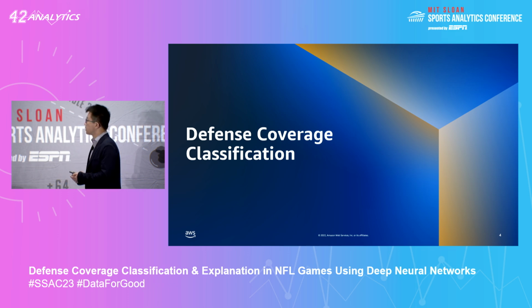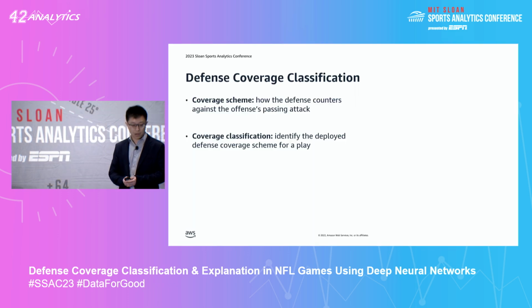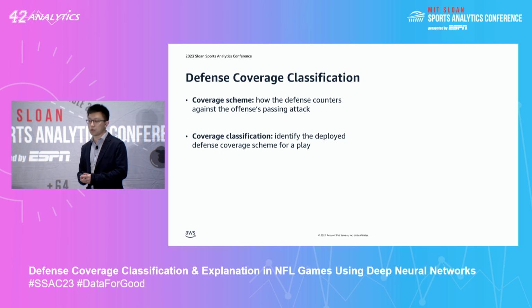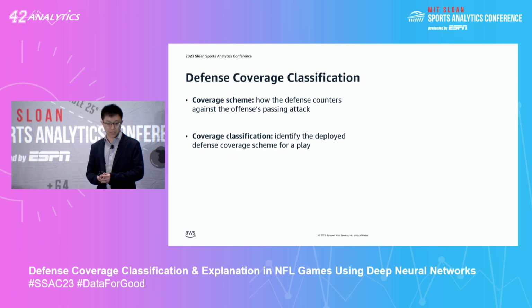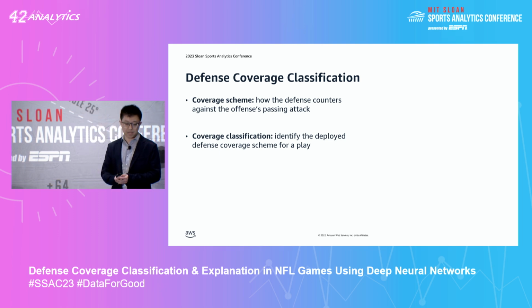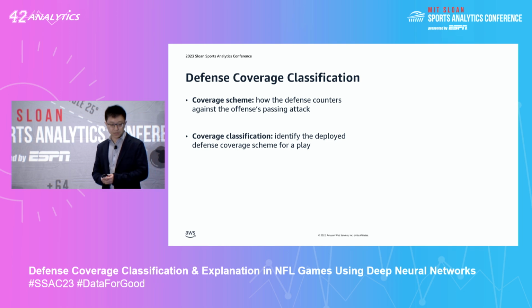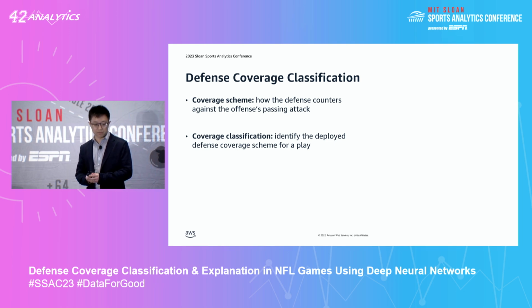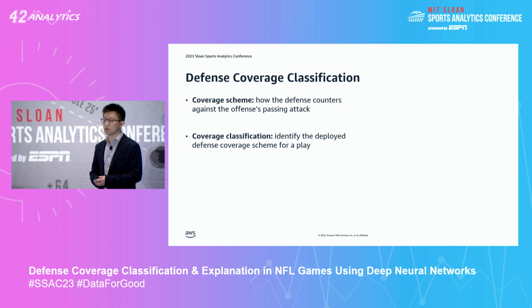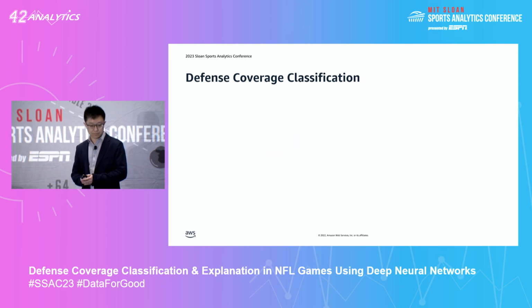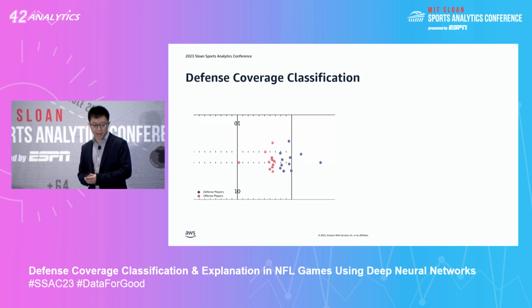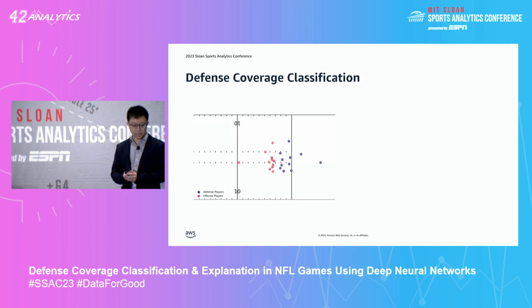So what is defense coverage classification? The coverage scheme refers to how the defense counters against the offense's passing attack. And for coverage classification, the objective is to identify the deployed defense coverage scheme for a specific play. Suppose we have an example play like this.